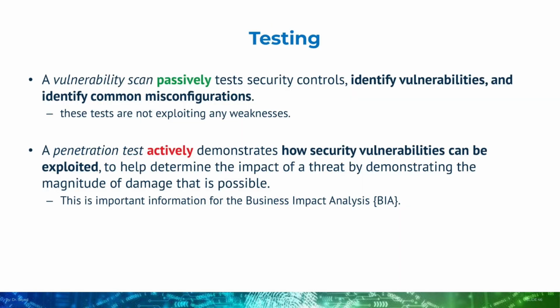We have two main types of security testing. A vulnerability scan is a passive test. It identifies vulnerabilities but does not exploit any weaknesses. It's like an X-ray. A penetration test, or pen test, is an active test. It simulates an actual attack to demonstrate how vulnerabilities can be exploited, which helps us determine the real-world impact of a threat.